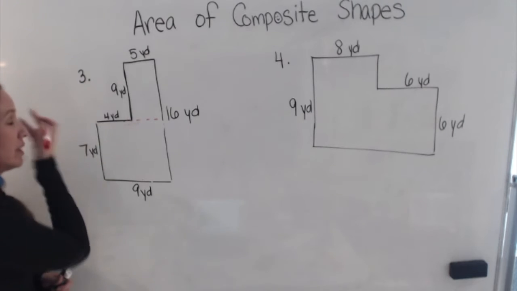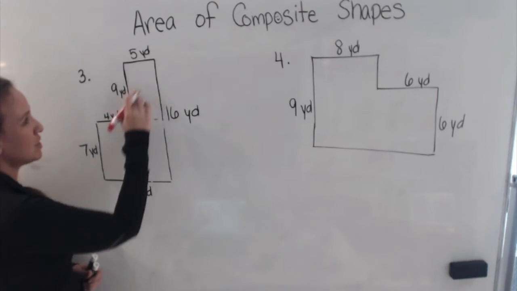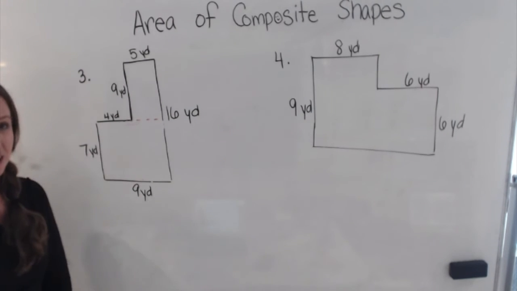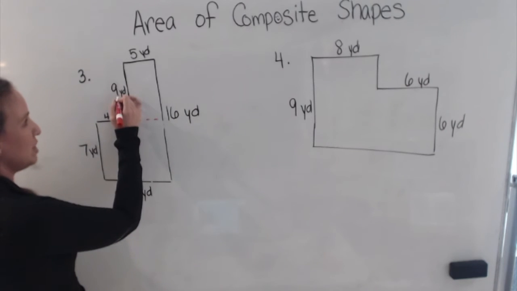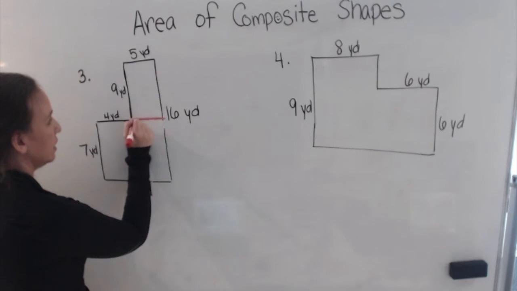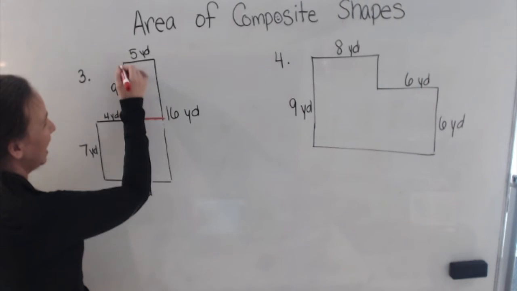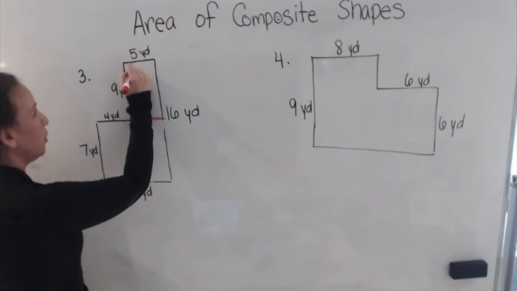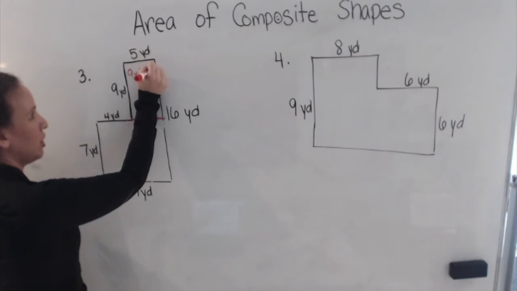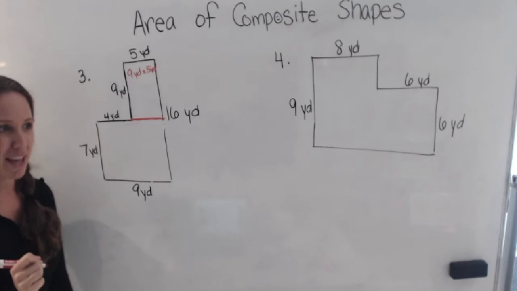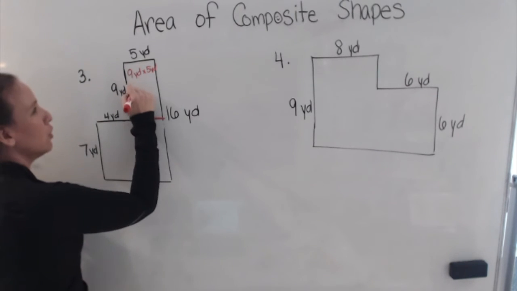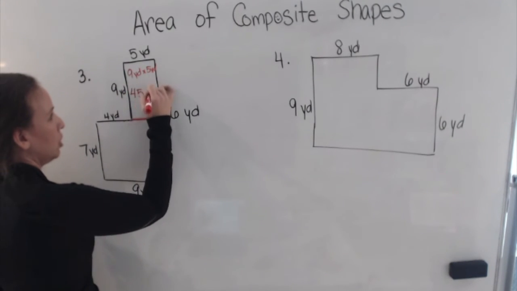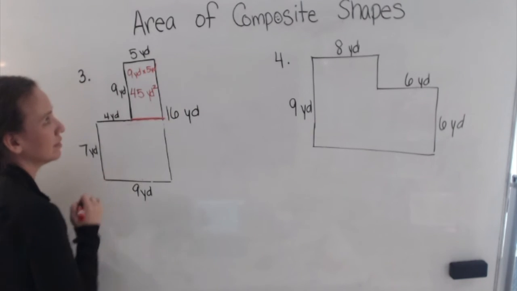So, what is the area of this small rectangle over here? We have 9 yards. 9 yards is the height, and 5 yards is the width. So we'll go 9 yards times 5 yards. And what's 9 times 5? That's right, 45 yards squared.